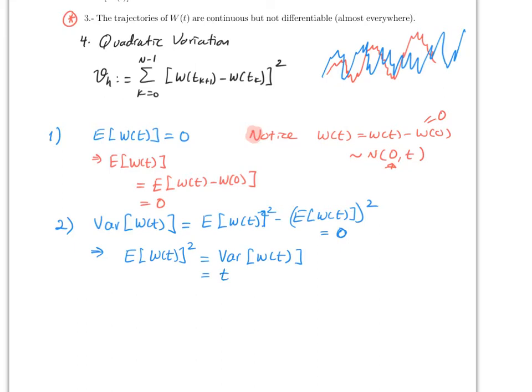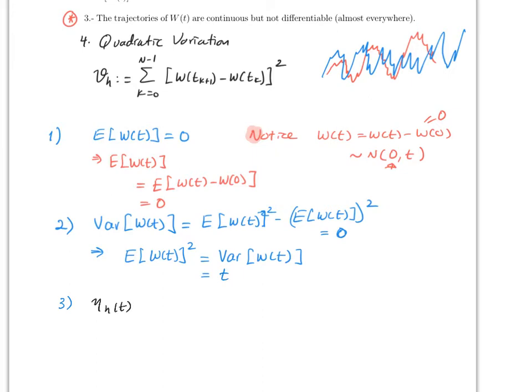Now, to show that the function is not differentiable is very easy to see, but it's actually pretty complicated to show. But let me just give you an illustration of why it doesn't exist.